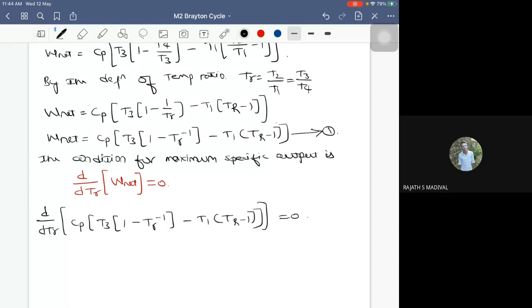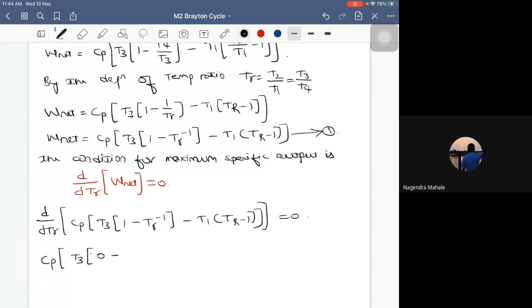Now, does differentiation come to everyone? So let us differentiate with respect to TR. CP is common for the entire thing, isn't it? CP is common. In the second expression T3 is a constant. So differentiation of 1 is what? 0.